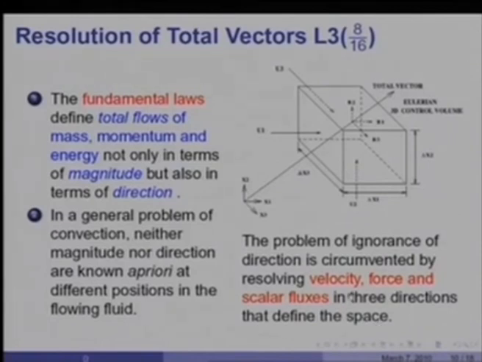Of course, we have increased our work, but at least we have made the problem tractable in the sense that now we need to be worried only about how to determine their magnitudes in three directions, so that the total vector could always be constructed knowing the three subvectors in three different directions.